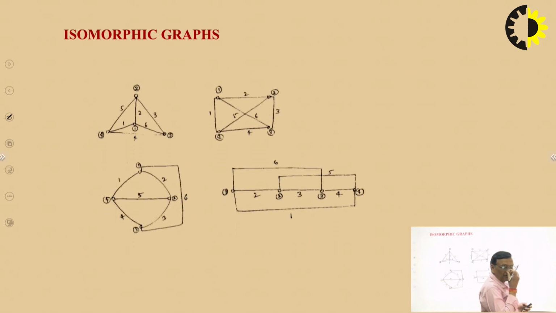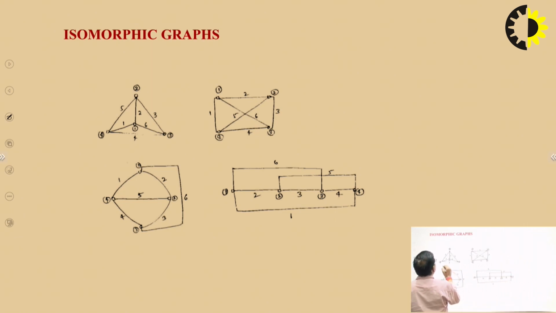Now try to understand what is an isomorphic graph. In the definition we have seen, two graphs are said to be isomorphic if there exists one-to-one correspondence between the branches and nodes of the two graphs. So look at this graph.